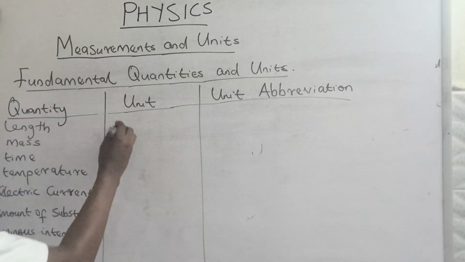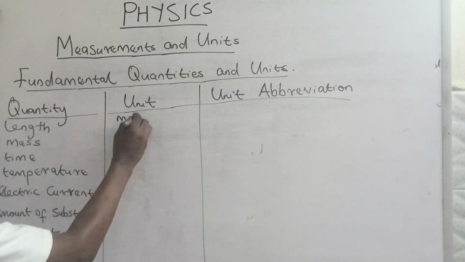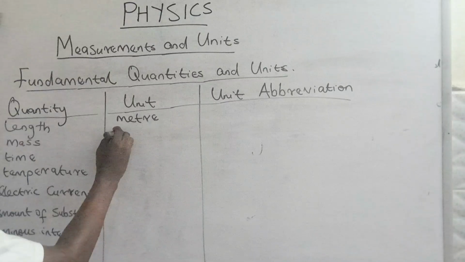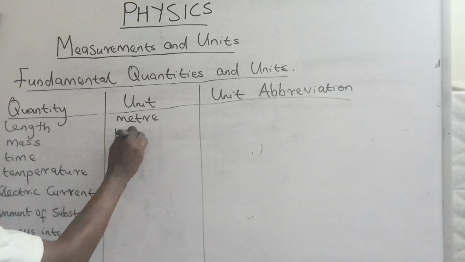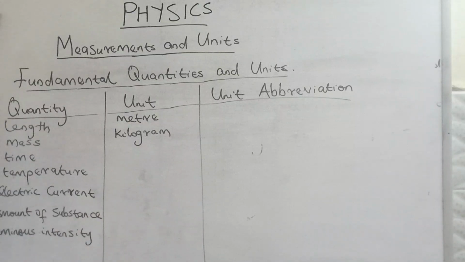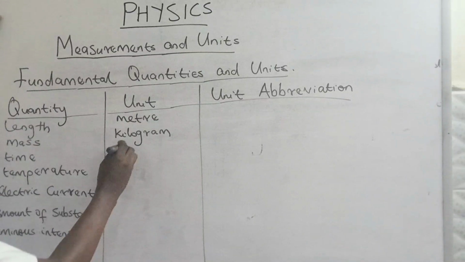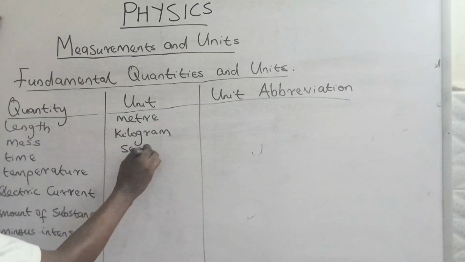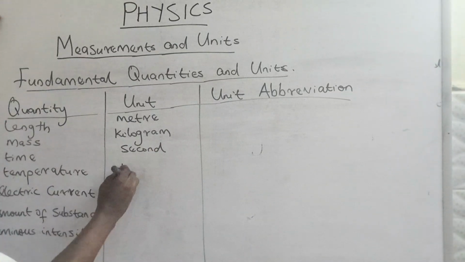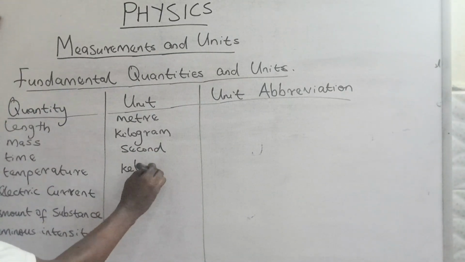So for length, the unit is meter. Mass, the unit is kilogram. Time, the unit is second. Temperature, Kelvin.